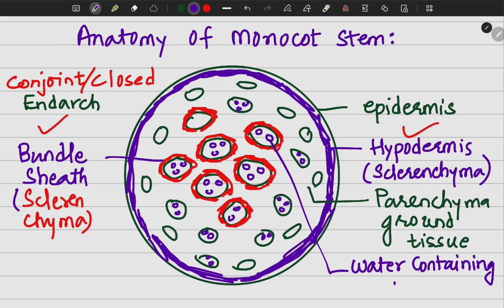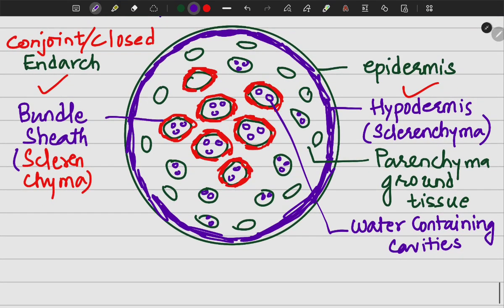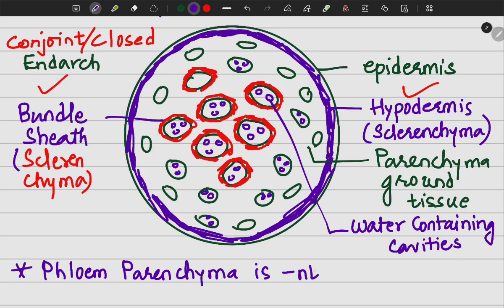And phloem parenchyma will be absent in case of monocot stem, alright? Phloem parenchyma is a type of parenchyma tissue that we studied. It will be absent in case of monocot stem.